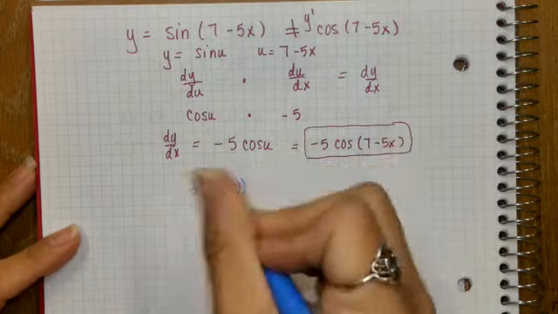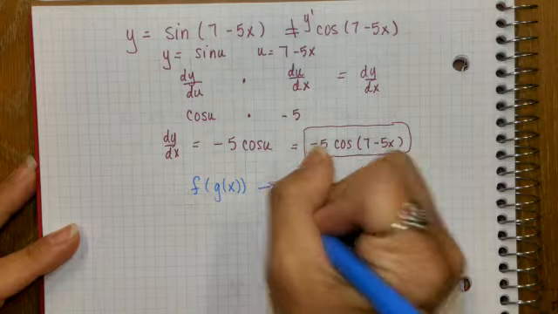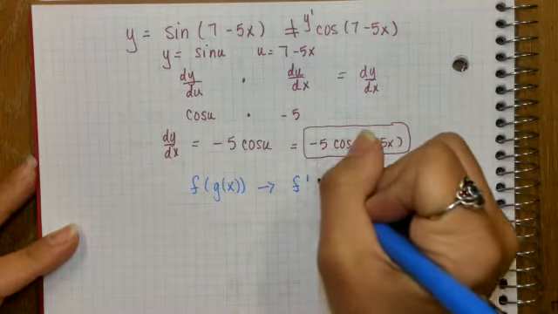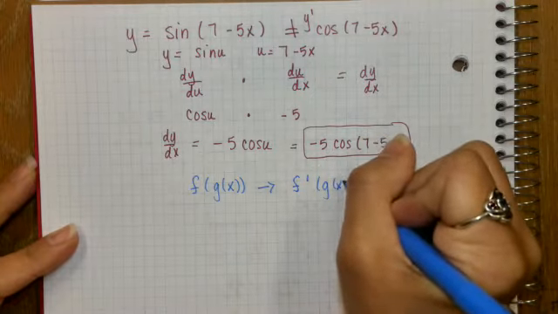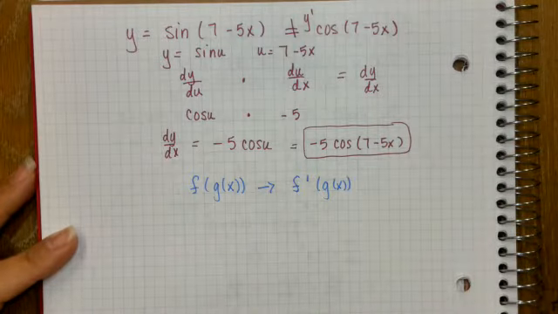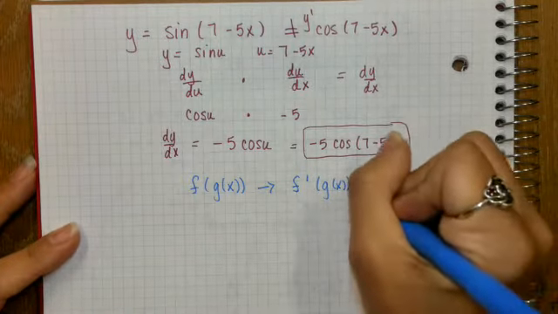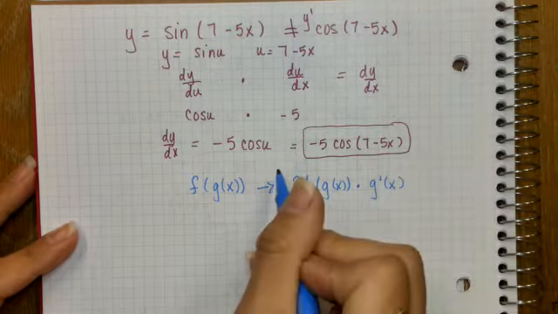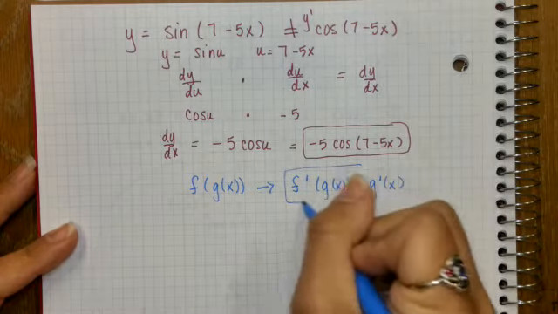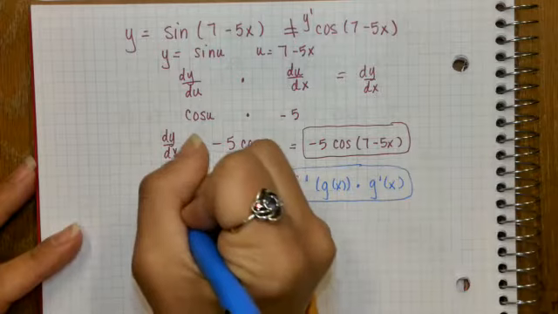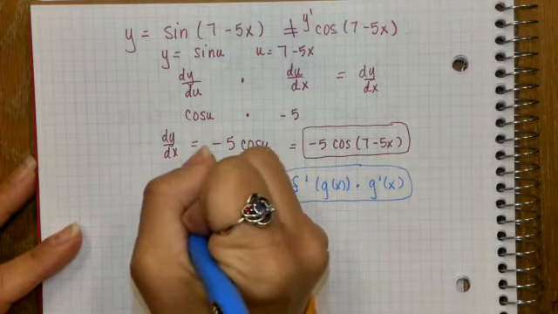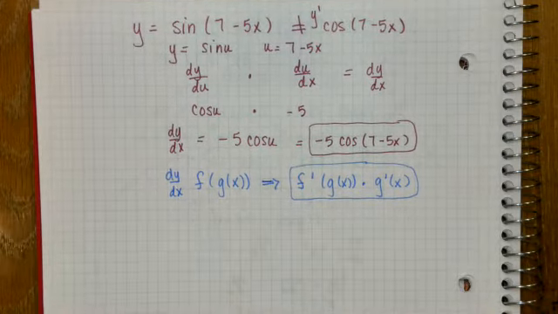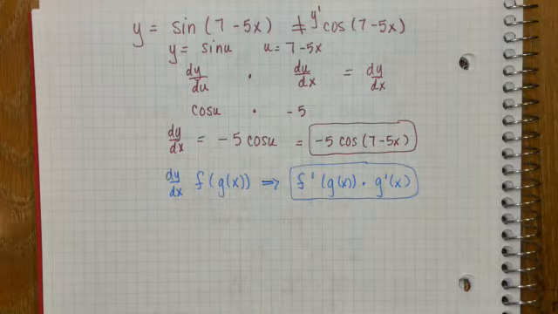The derivative of this: take the derivative of the whole function multiplied by the derivative of the inside function. This is the chain rule. How about this? Dy dx of a composite function is equal to. This is sometimes referred to as the outside inside.